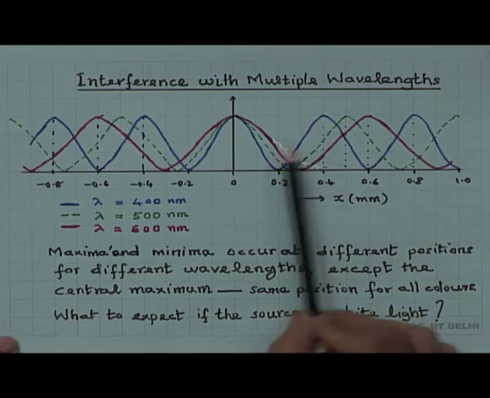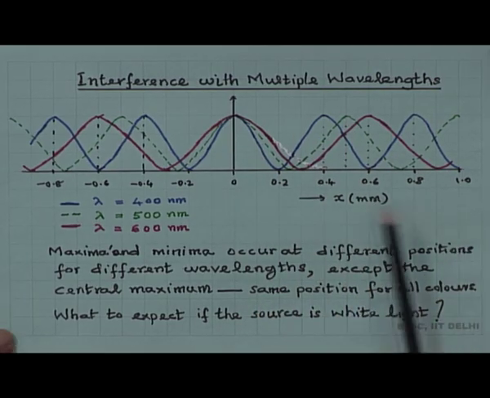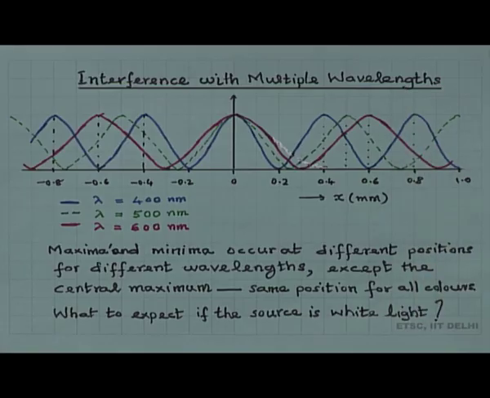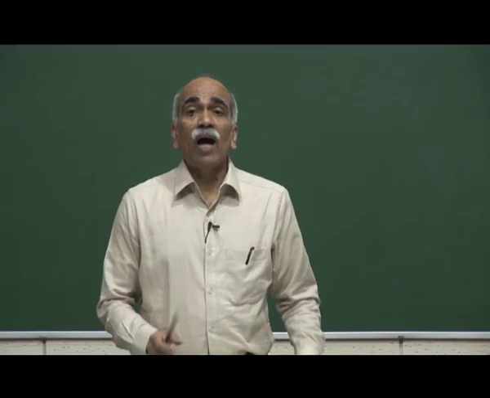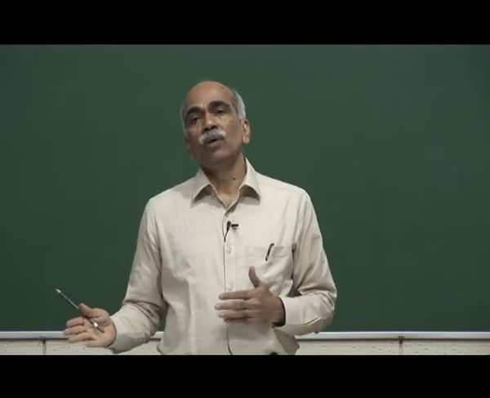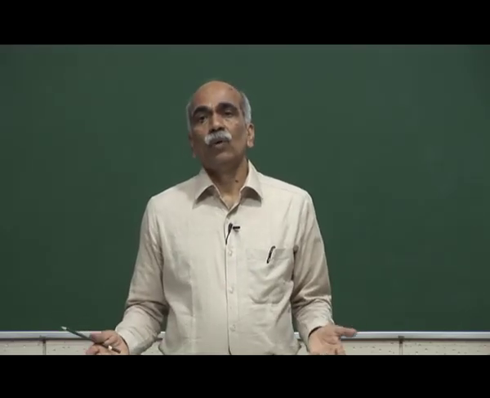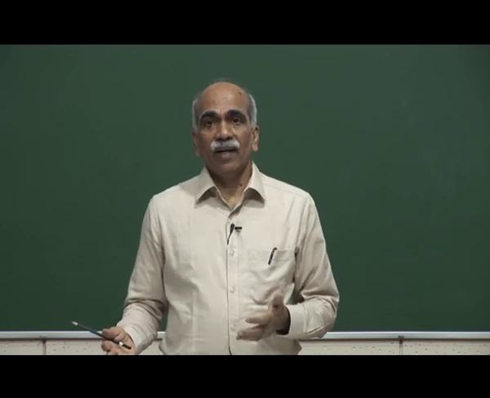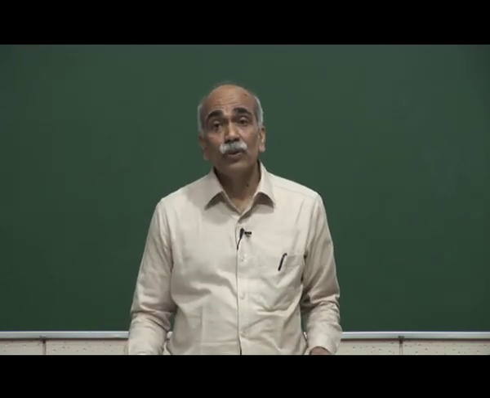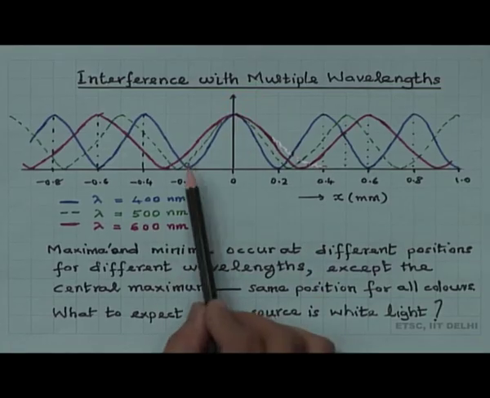If I had only blue color, I would have got this, but with multiple wavelengths such as white light, we would have all colors from violet to red, and then we would have interference due to each color. How would it look like?